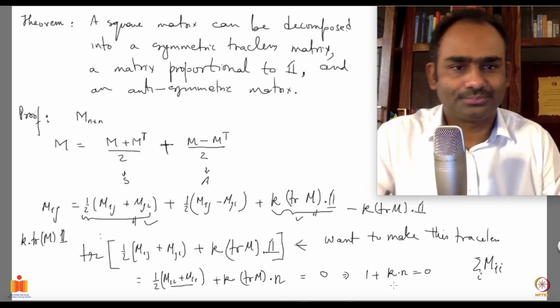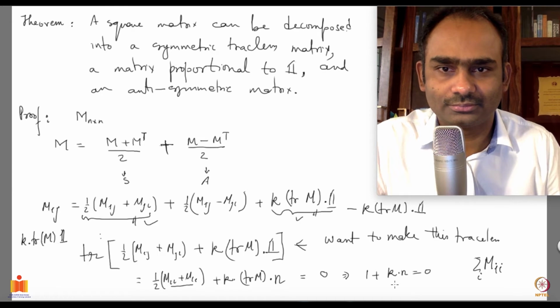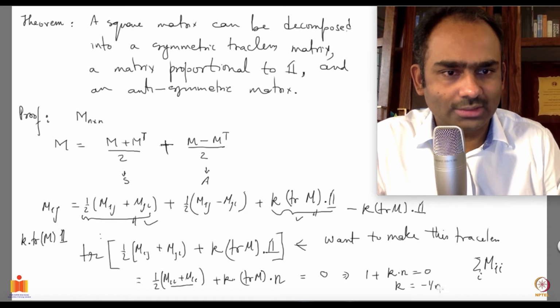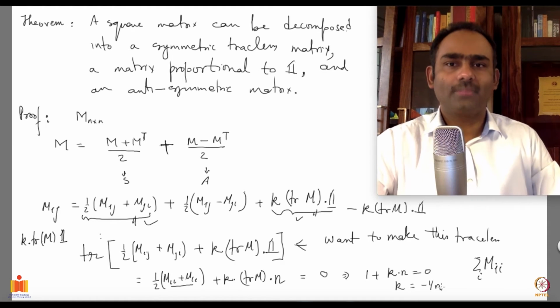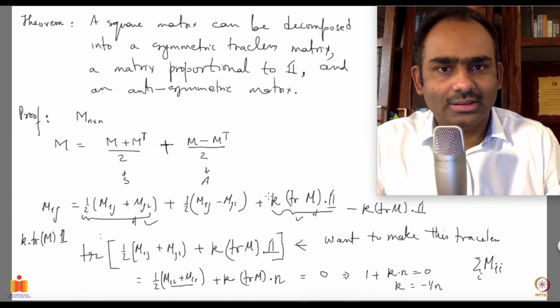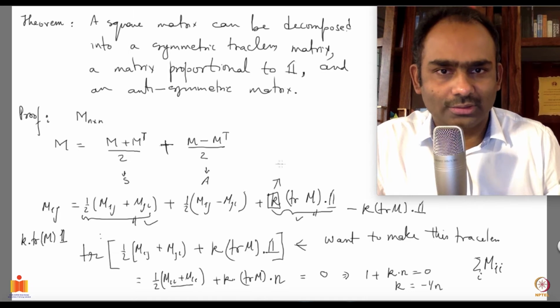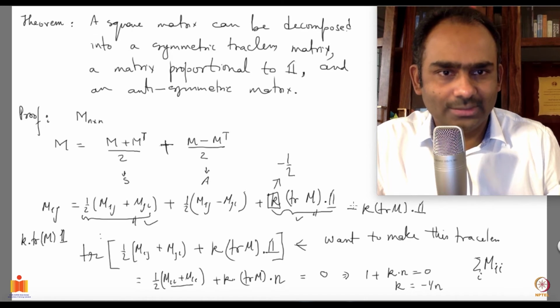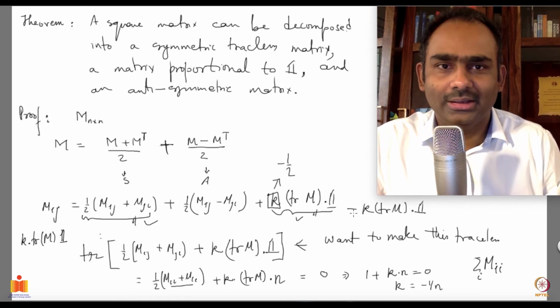Okay, right, which means that your k is minus 1 over n. Good. So in this place I should replace minus 1 over n, and here again, which will make it plus 1 over n because of the minus already present.